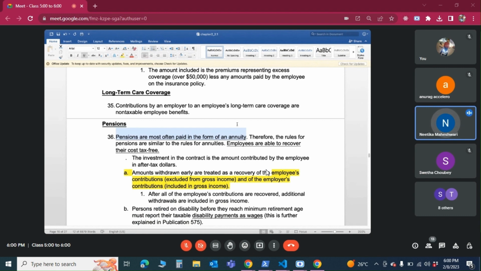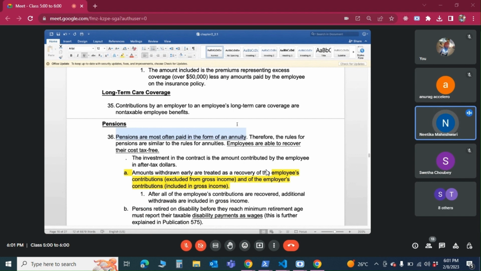And we saw that in an annuity, how is it taxable? Whatever amount the person puts up as an investment becomes the cost of the annuity. So when the person gets the same amount back, obviously it should not come up as taxable to him or her. If I have given $10,000 to somebody and they pay me $15,000 back, would the entire $15,000 be taxable to me?